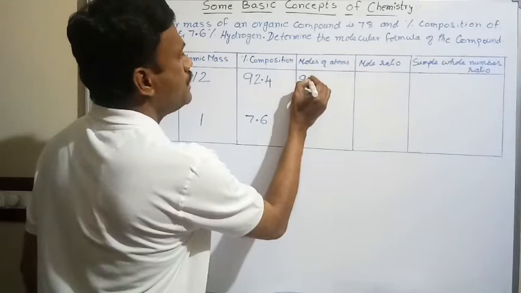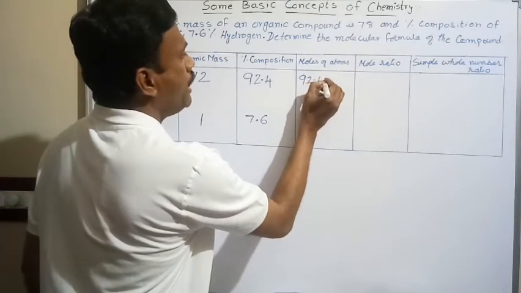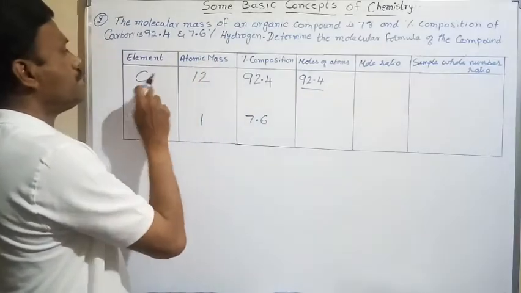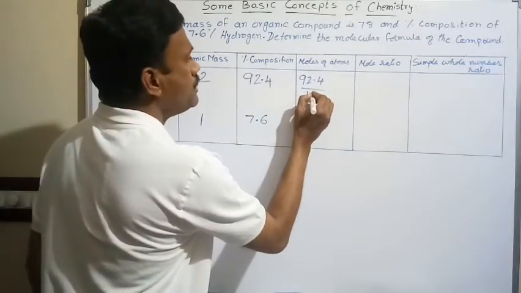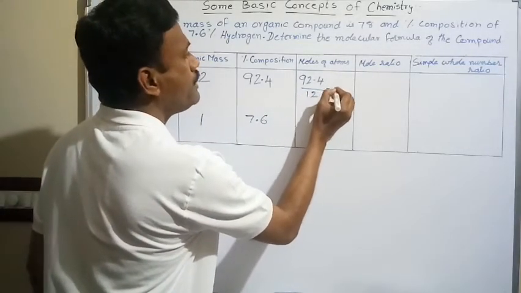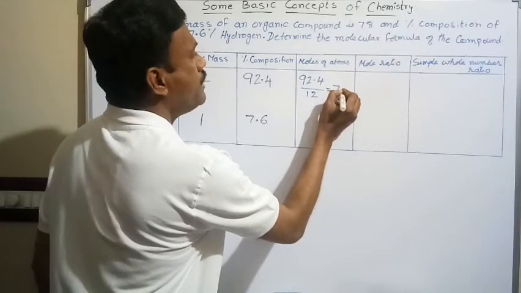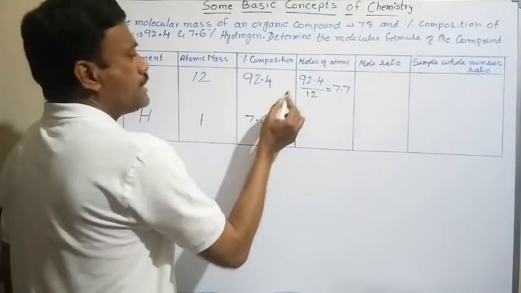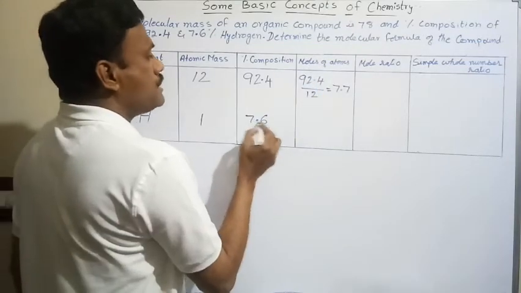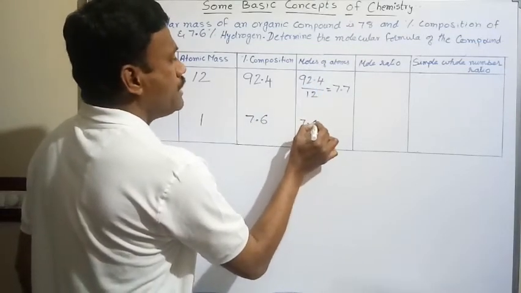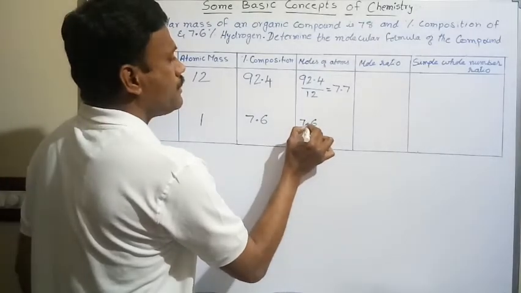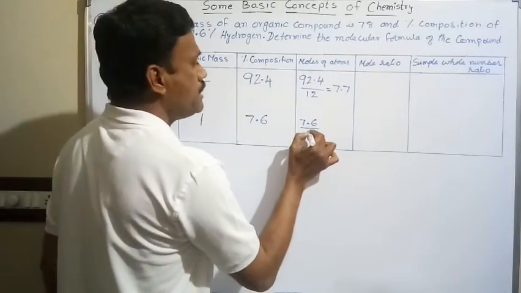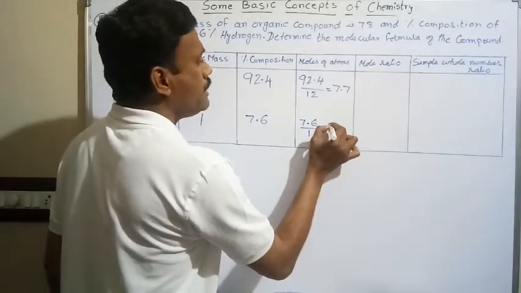So that is 92.4 divided by the atomic mass of carbon, 12, which gives 7.7. Next, 7.6 divided by the atomic mass of hydrogen, that is 1, gives 7.6.